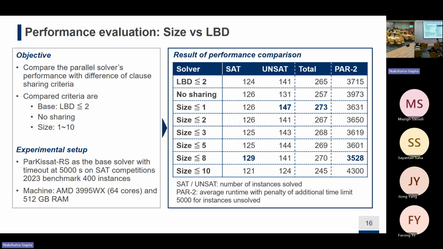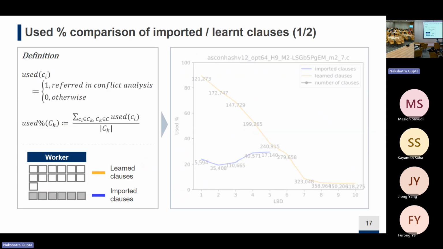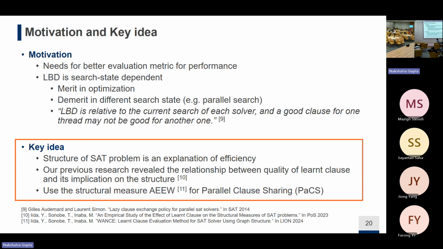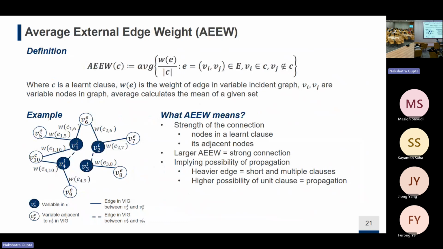Oh, yes, they use the community structure, combining LBD and community structure, I remember. In our previous research, we compared average edge weight, number of communities and tree weights, some structural features. And we found that AEW shows a very strong correlation to the value of LBD.